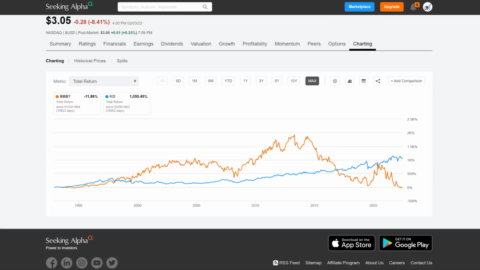I want to make sure I say that, because if you're in your early 20s, it would be a mistake to just invest in really slow-growing, high-dividend stocks. That would be a mistake in most cases. So it's important that you understand what I'm saying here.